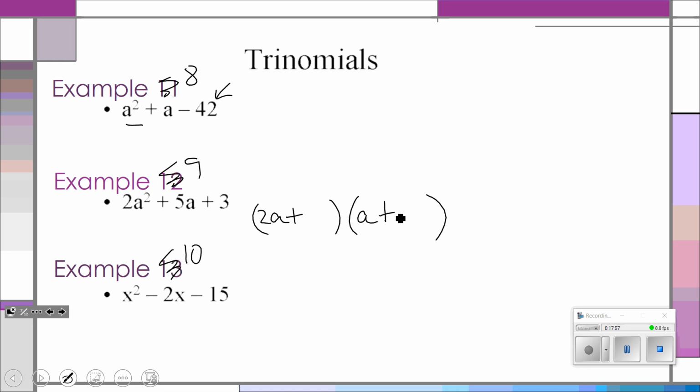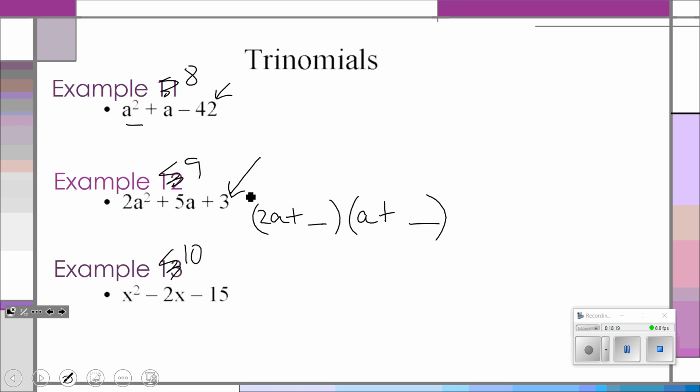What do you think is going to go in the last part? Okay. So my question is, this number times this number is going to give me which of these pieces? Last times last always gives me this number right there.